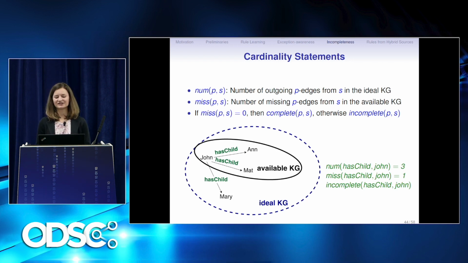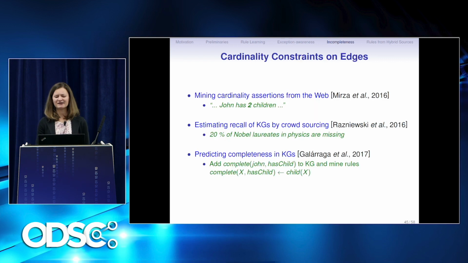So from that we could say, well, we might not actually know that John has this additional child, Mary, but what we could know is that John has 3 children. Altogether, John has 3 children, and we know 2 of them. This additional information is already quite useful in order to get rid of these erroneous, strange rules, as we have shown in our experiments. You might be asking, where could this information come from?